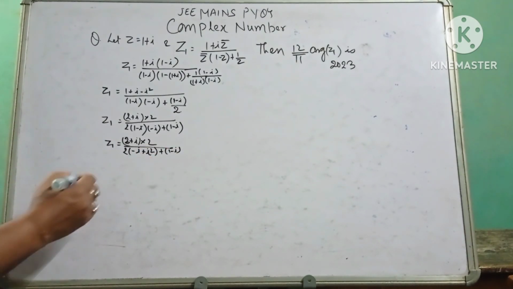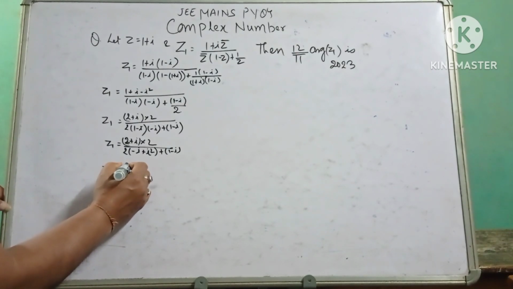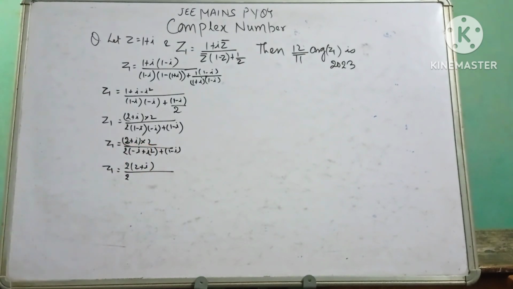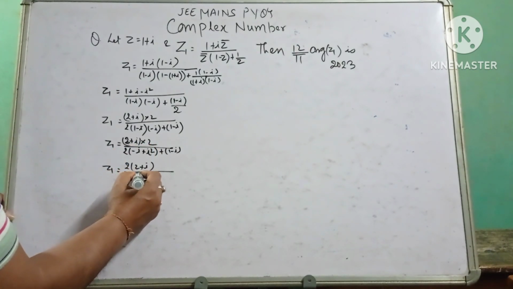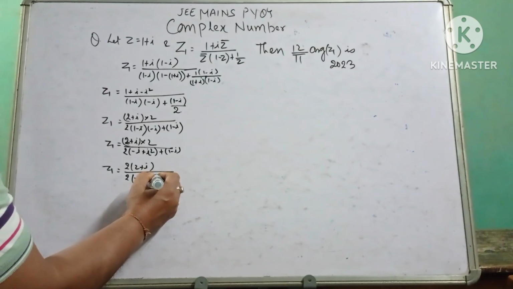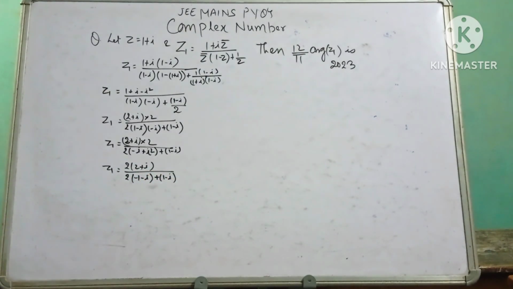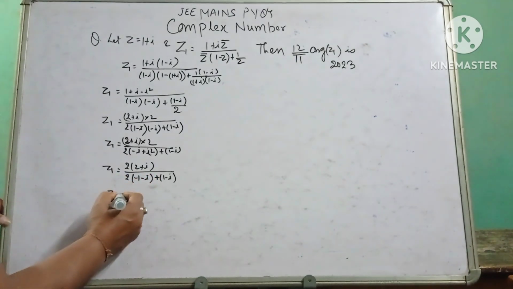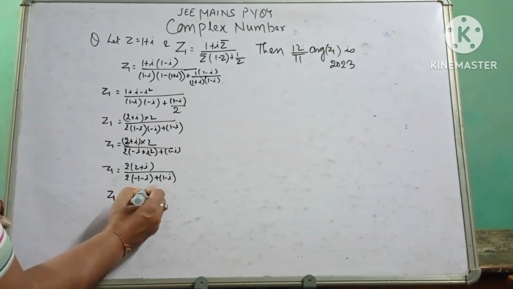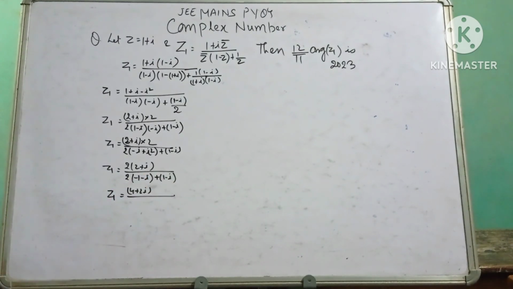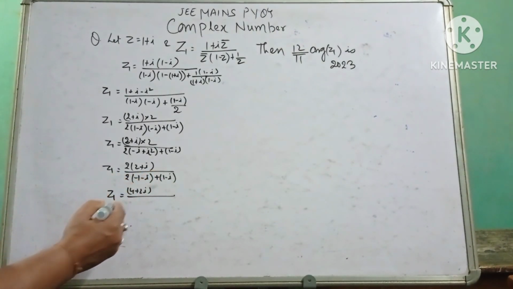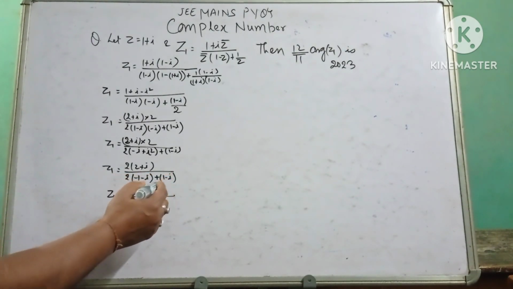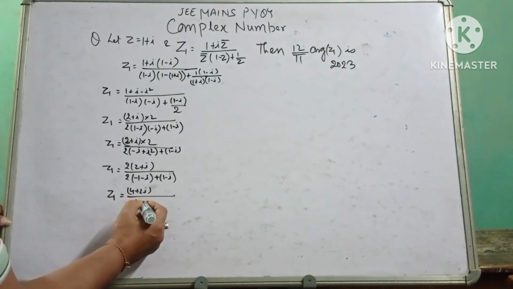Now again, z1 is equal to 2 bracket 2 plus i, and here this will be 2, this will be minus 1, minus i, and plus 1 minus i. So z1 will be 4 plus 2i, and here minus 2 plus 1, that means minus 1, and minus 2 minus 2i minus 1, that means minus 3i.